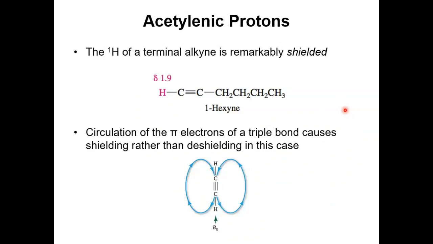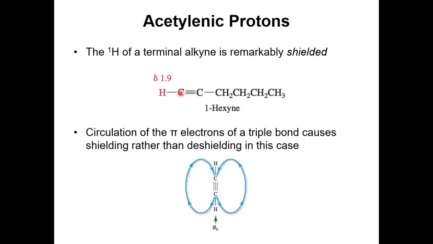And in the case of alkyne protons, the chemical shift value is actually remarkably shielded. So compared with the vinyl protons at about 5, the alkyne protons are only about 2. And you have to consider the alkyne proton is connected to an sp hybridized carbon.